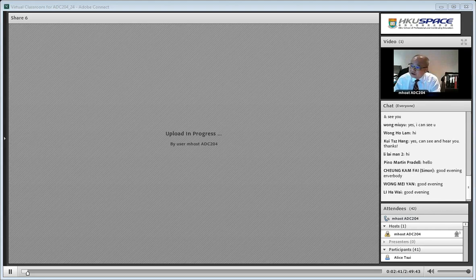We are using the Adobe Connect system, an in-house system developed by HKU SPACE. This is not the more commonly used medium, but one which is tailor-made for us.